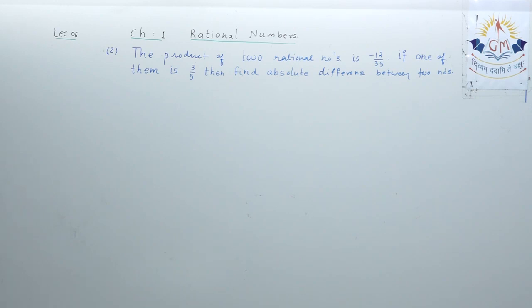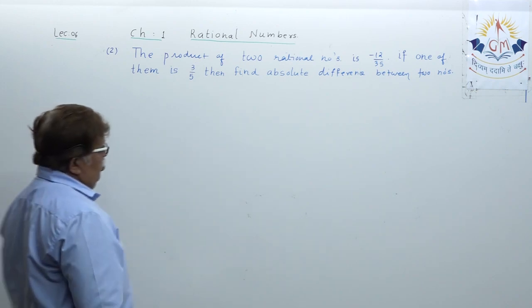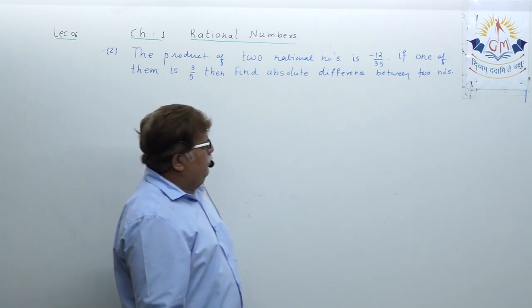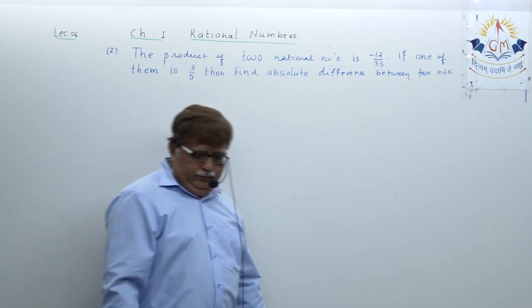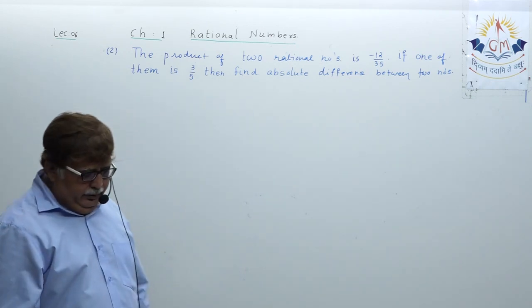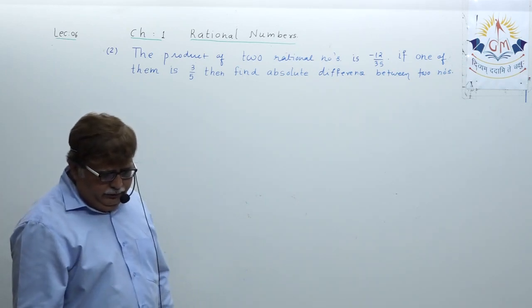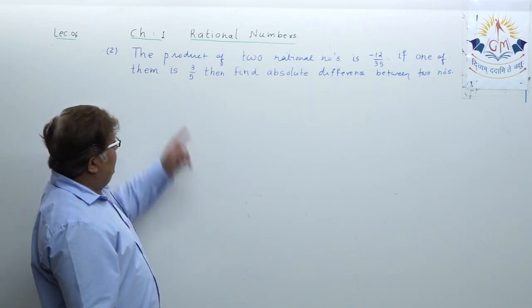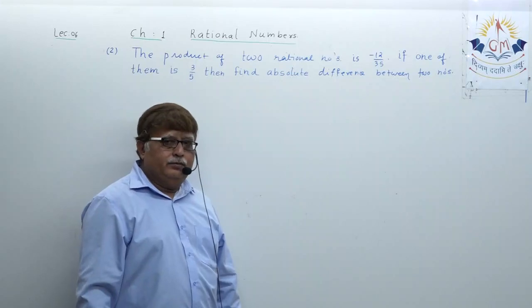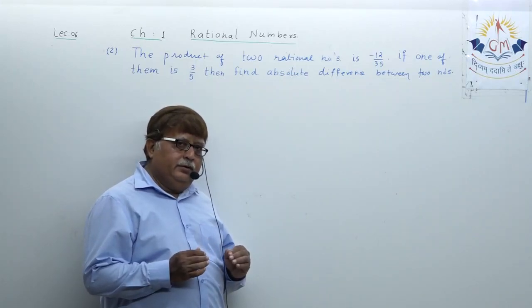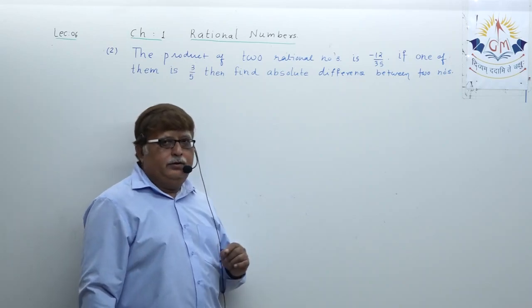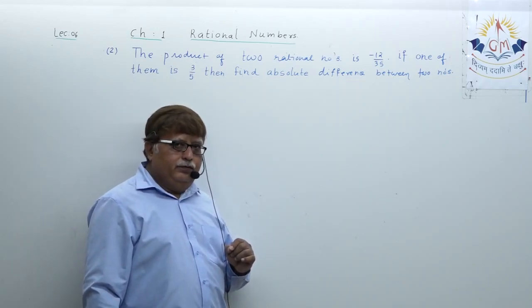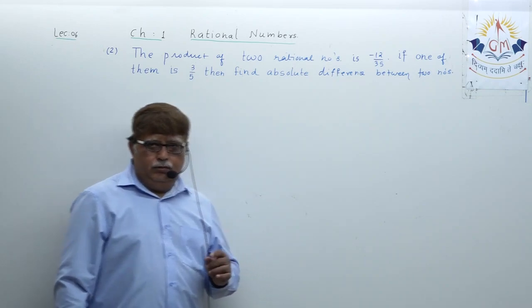it has been given that the product of two rational numbers is minus 12 upon 35. Among the two rational numbers, one of the numbers has been given, 3 upon 5, and then you have to find the absolute difference between the two rational numbers.